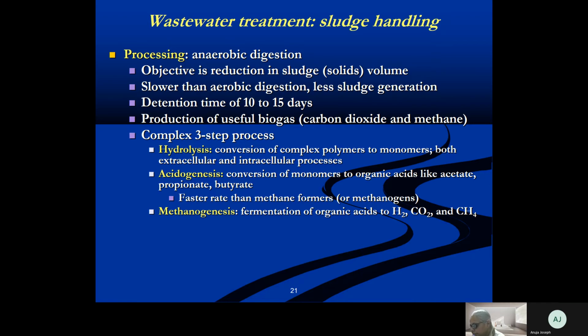I don't think I've mentioned it, but the HRT can be much less than the mean cell detention time, which is about 10 to 15 days.